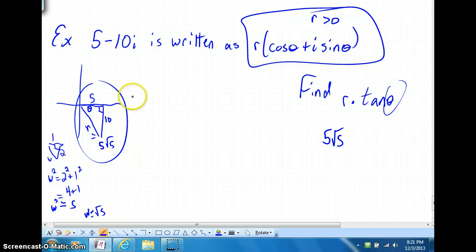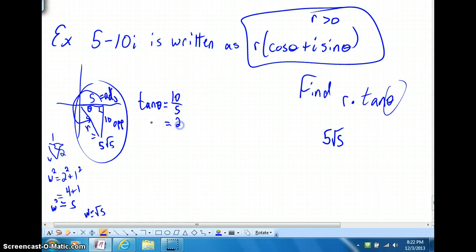What is the tangent? Well, the tangent of an angle, and remember this is a 4th quadrant angle. By the way, that's going to be very, very particular in just a moment. But tangent is always the opposite over adjacent. So the tangent of this reference angle that we see is the opposite side all over the adjacent side.